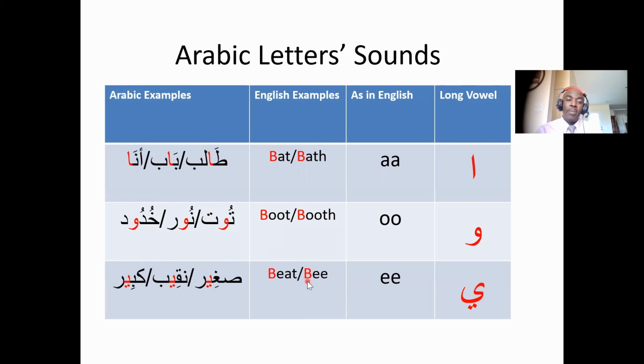So as you can see, ba, bu, bee. These are three major sounds in English letters.